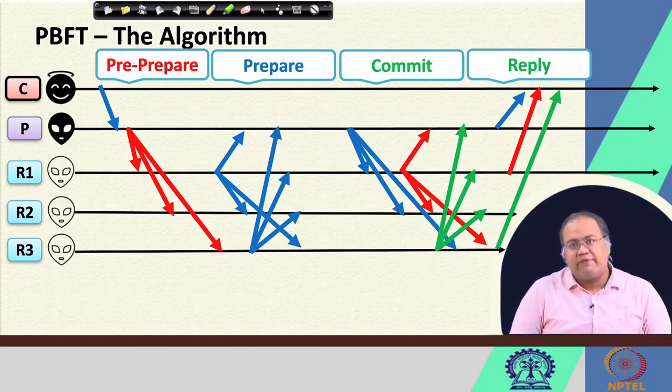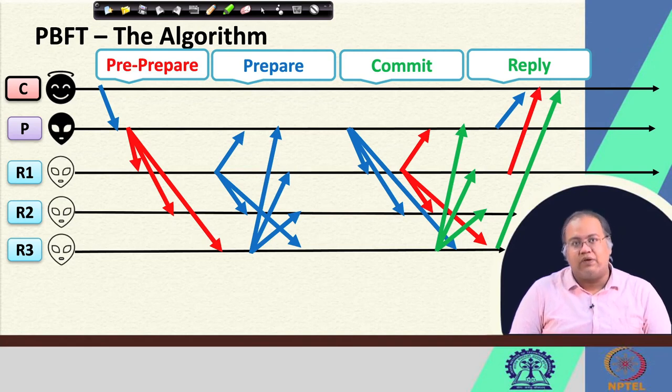Once the prepare message is broadcast, everyone observes whether they have received 2f+1 messages, and what the majority says is basically their consensus view. Based on this quorum of 2f+1 messages, they finally broadcast the commit message.